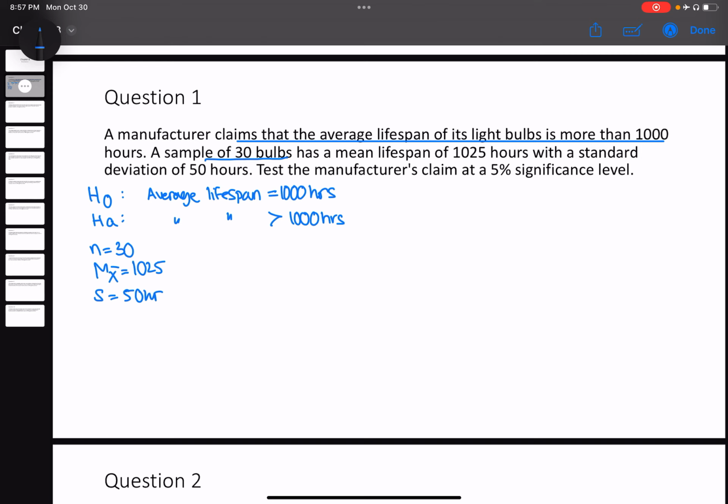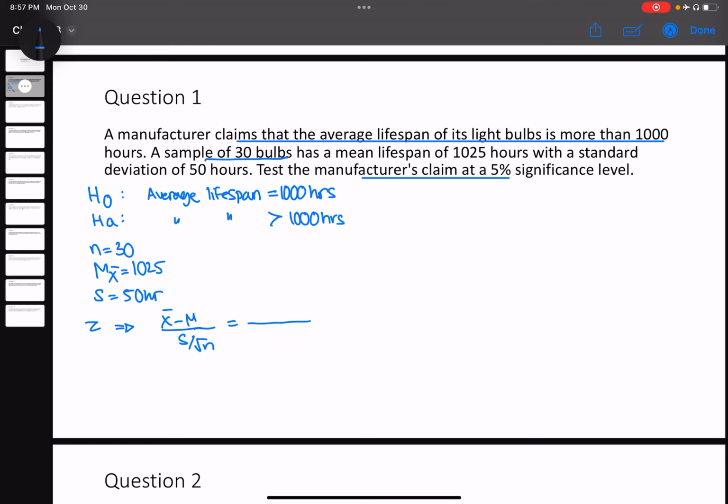In order to test the manufacturer's claim, we can use z-statistics or z-test, and we can simply use x bar minus mu divided by s divided by square root n.